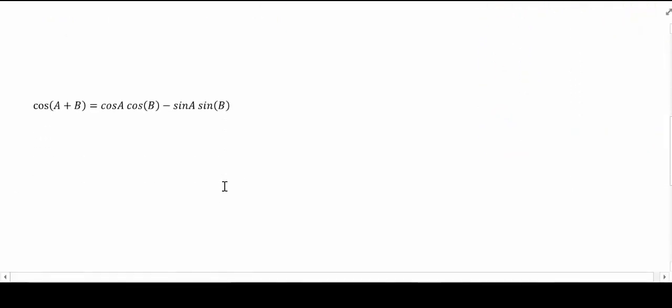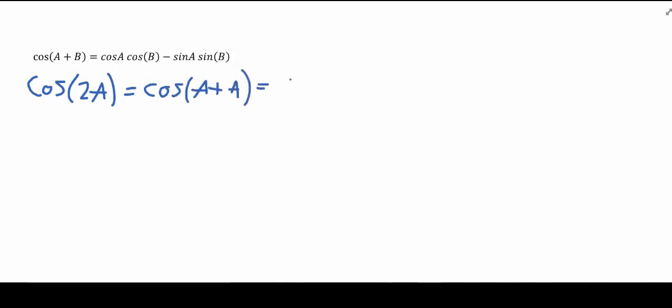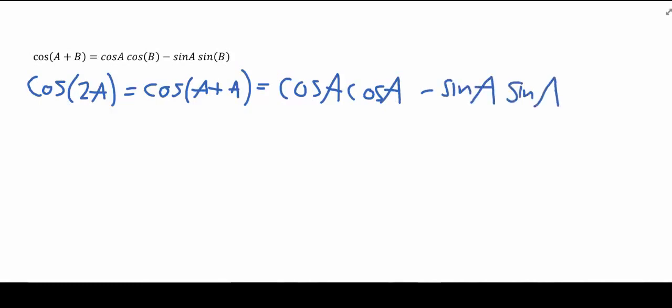I want to use something to turn cosine of 2x into something with just sines and cosines. And I have a formula for cosine of a plus b. I can use that information to say the cosine of 2a would be the same thing as cosine of a plus a. Now I can use my formula to say that's the same as cosine a times cosine a minus sine a times sine a.